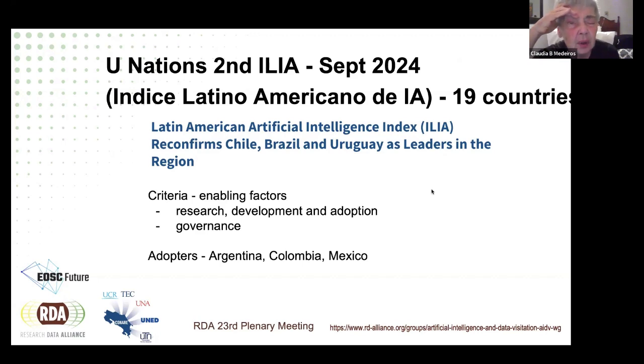And as a result, this meeting and the indices and the evaluation reconfirm Chile, Brazil, and Uruguay as leaders in AI governance, research, development, and adoption in the region, followed by Argentina, Colombia, and Mexico.